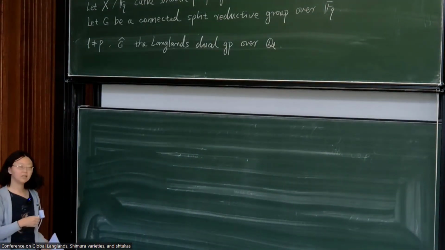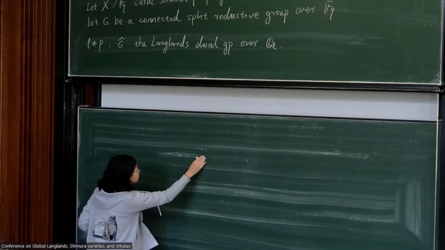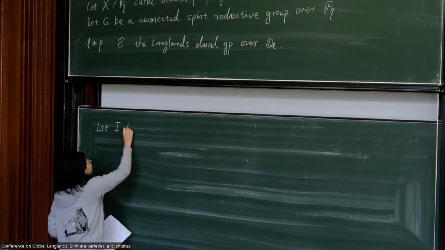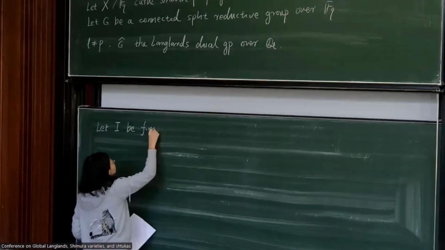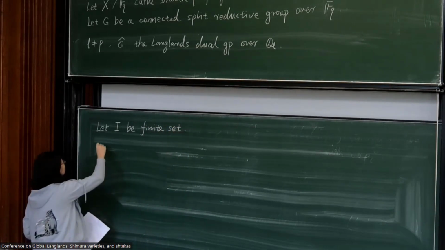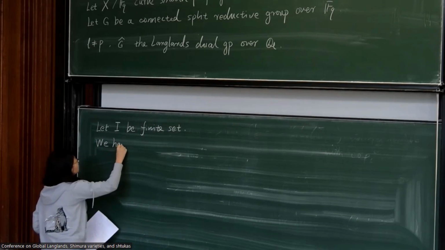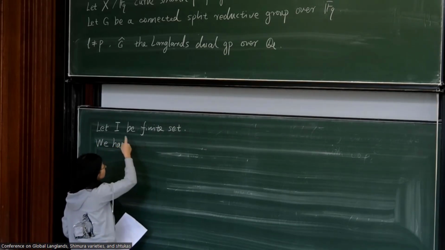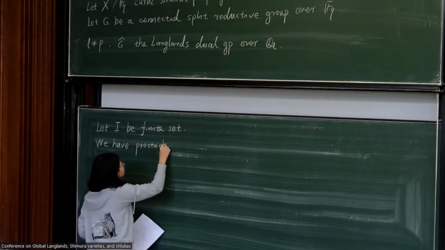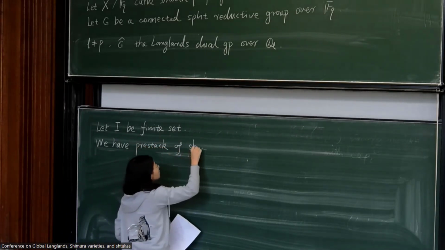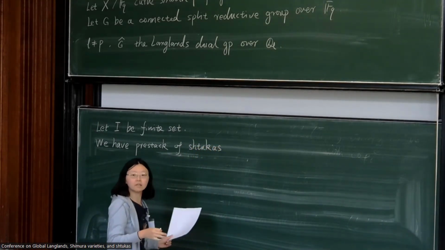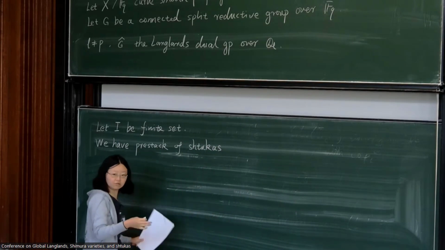So let's recall what shtukas with and without level structure are. Let I be a finite set. We have the pre-stack of shtukas with I legs. Today in my talk, we always consider global shtukas, never local shtukas.